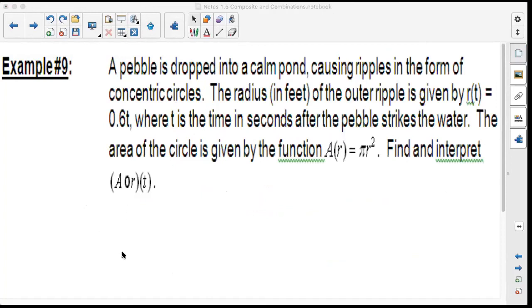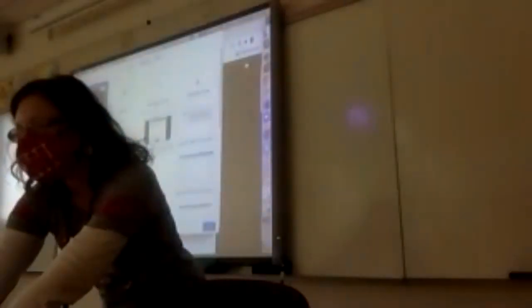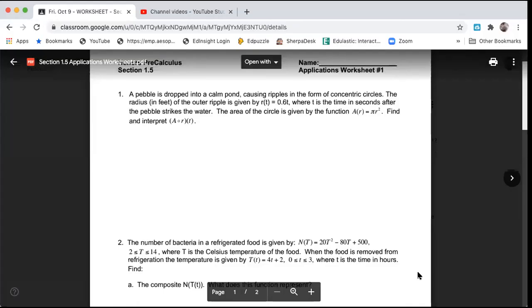So Ms. Karp said pages 33 and 34. They should just be the next 2 pages in your packet. Worksheet number 1 has 2 word problems on them. And I can see that this is dealing with composite functions. Here we go. So this is what worksheet number 1 looks like.